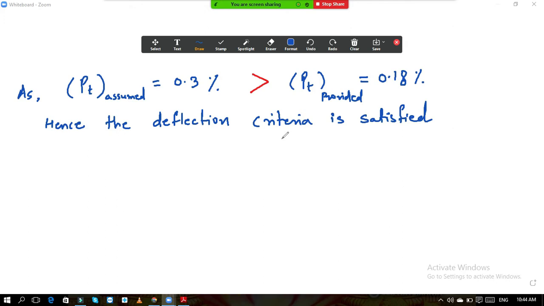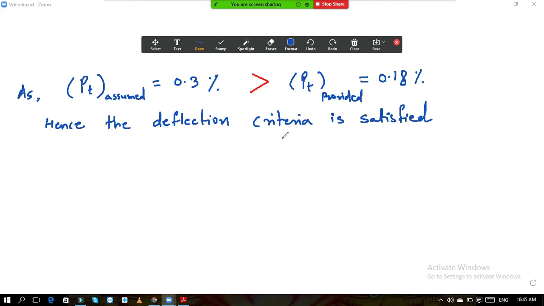Usually, what method is generally followed? First, we always take the check for shear. This is in general, there is no rule. After that we take the check for deflection, and at the last we take the check for development.